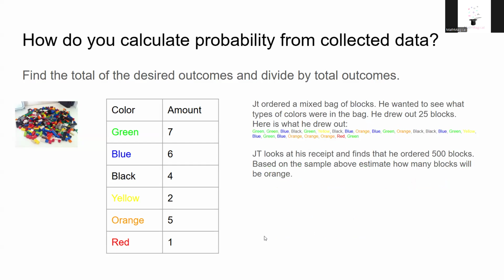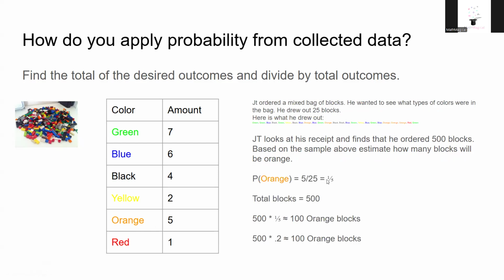So JT goes back, looks at his receipt, and finds that he ordered 500 total mixed blocks. Based on the sample above, estimate how many blocks will be orange. We can see he drew out 5 orange blocks in his sample of 25. So the probability of orange is 5 over 25.